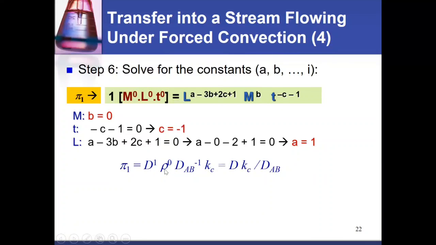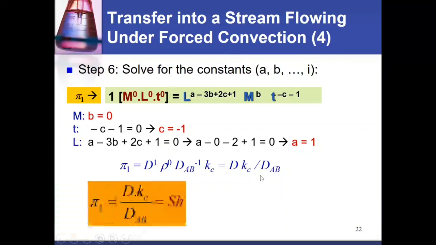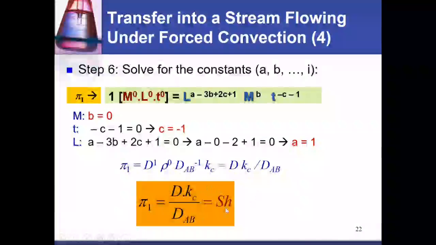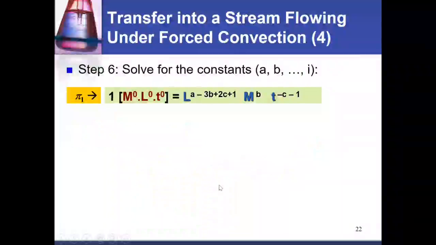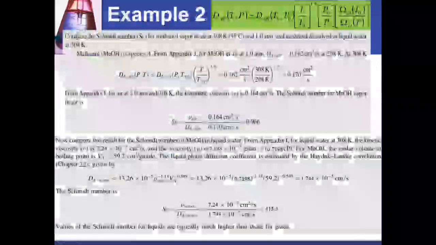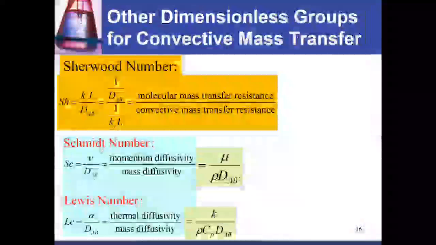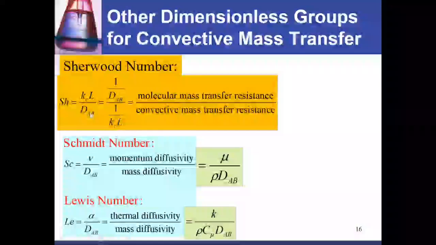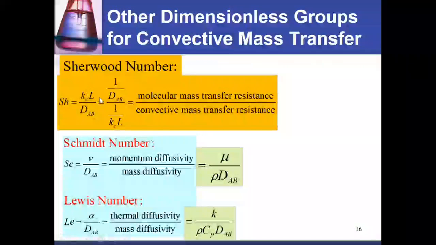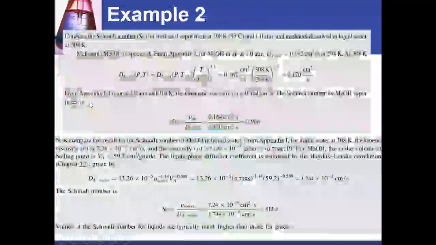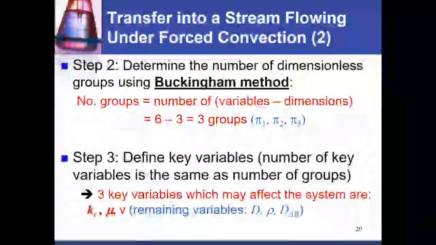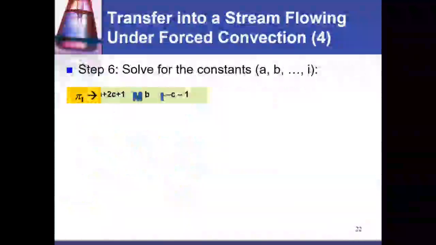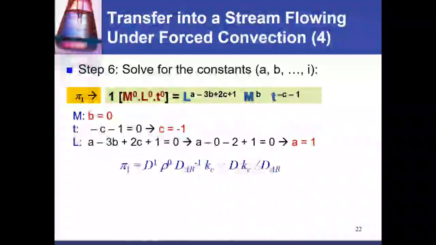Rho to the power of 0 is 1, so we'll have D times KC over DAB. And this one is called the Sherwood number, as we defined here. Sherwood number is KC times L over DAB. If you're talking about a circular pipe, you replace L with the diameter. So we get the first dimensionless number, which is the Sherwood number.